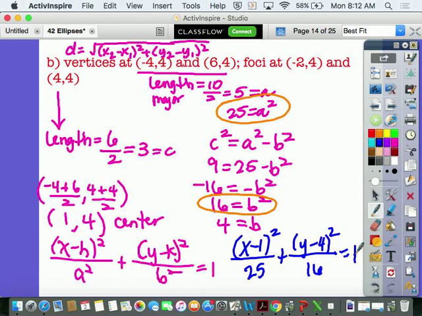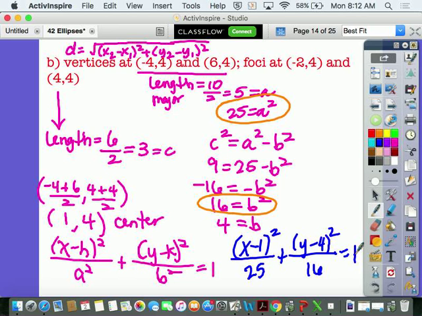Okay? So again, just to recap, look at what you're given. If they give you the vertices and you notice that the x's change and the y's stay the same, that lets you know that it's going to be a horizontal major axis, which means your A squared needs to be underneath your x's.